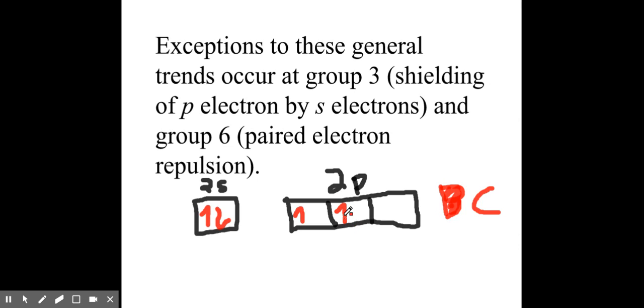We could pull this 1 electron away, and if we removed 1 electron, that's no big deal. But then if we pulled another electron, that would be the second ionization energy. Now we have a full sublevel right there.